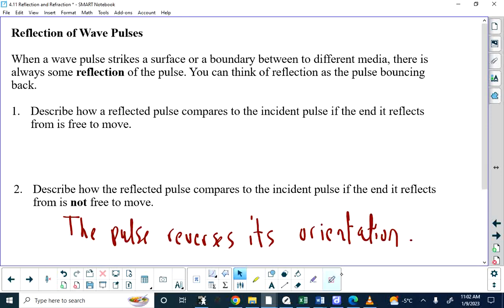So if the pulse was above that horizontal line in the video, or if the pulse was to the right of where I was in the hallway, and it hits something that's rigid, everything reflects. Not only does it come back towards me, but it reflects in that other orientation as well. So how is a reflected pulse comparing to the incident if the end is free to move? The reflected pulse is oriented in the same way.